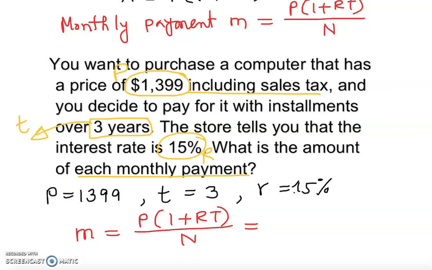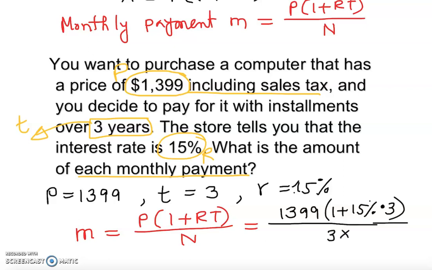So let's take a look. Can we plug this in? If I put down the fee, which is $13.99, open parenthesis 1 plus R, in this case 15%, times T, in this case 3 years, over N, which is 3 times 12.